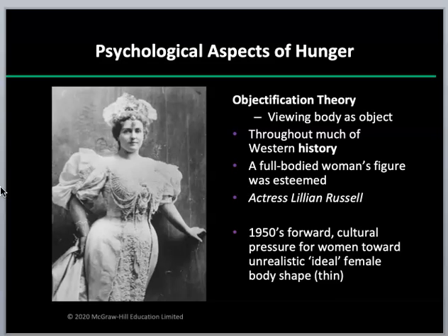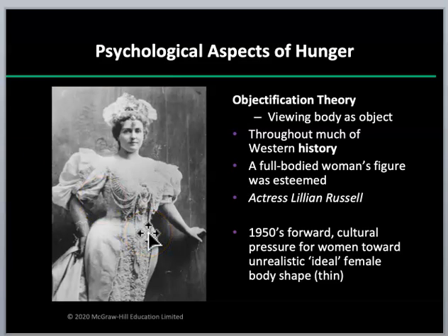Slightly more full. The text talks a little bit about objectification theory, and what that's talking about is how people view their own bodies as an object. So they view their bodies as other people would see them. Starting in the 1950s and moving forward, there's a cultural pressure for women towards an unrealistic ideal female body shape, which is very thin.